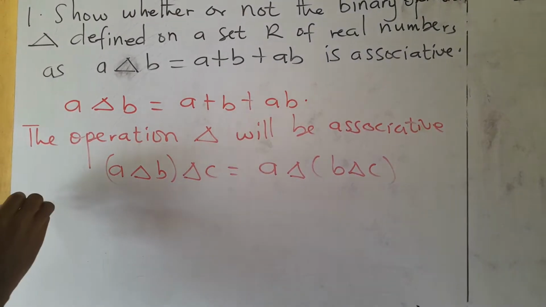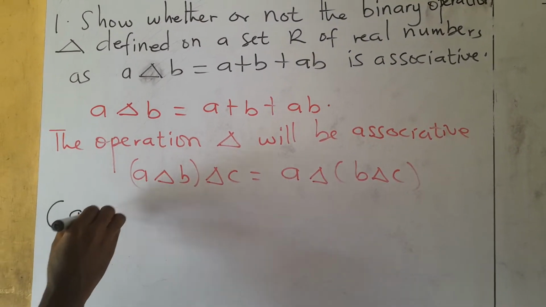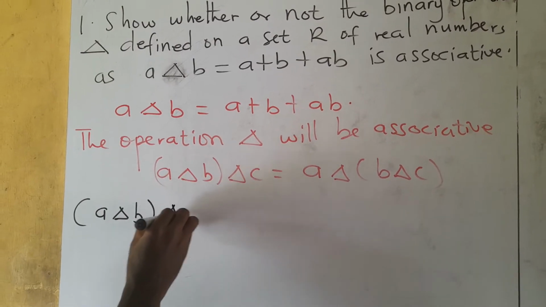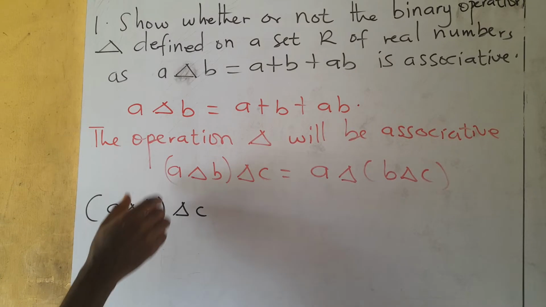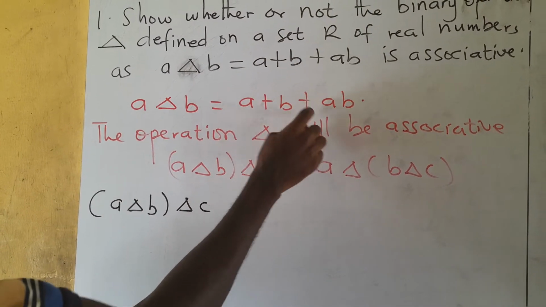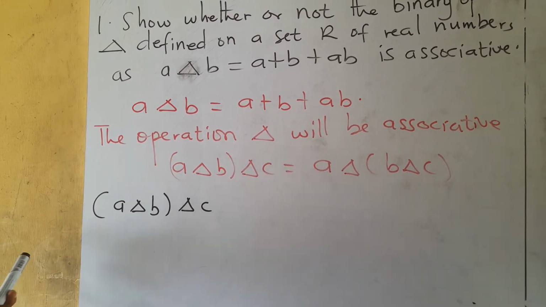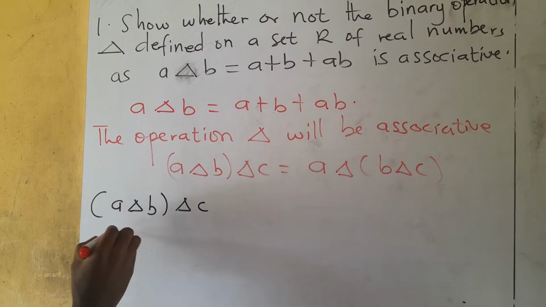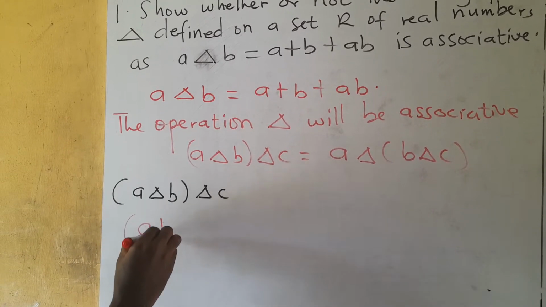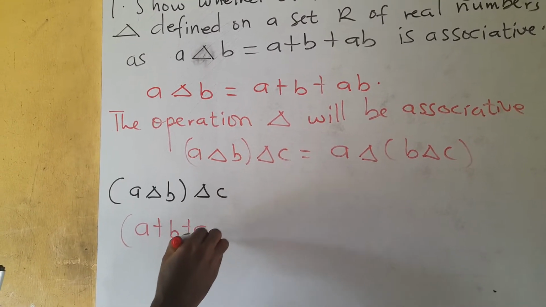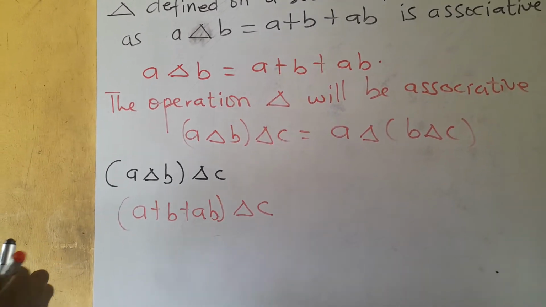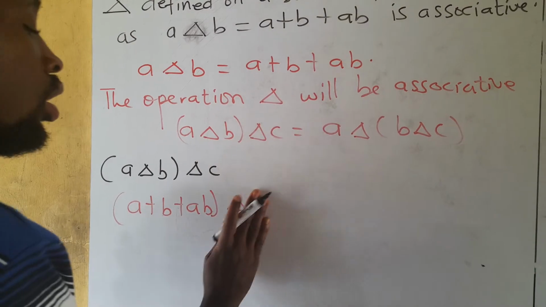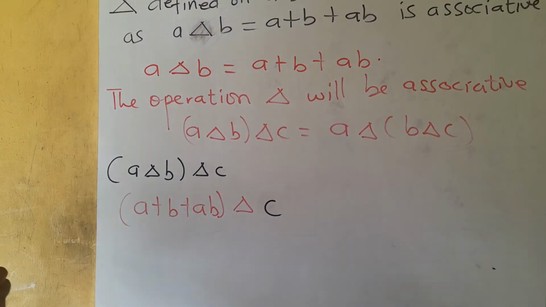So now let's deal with our (A delta B) delta C. So remember, A delta B is giving us A plus B plus AB. So we can say (A delta B) is (A plus B plus AB) delta C. So now solve this.